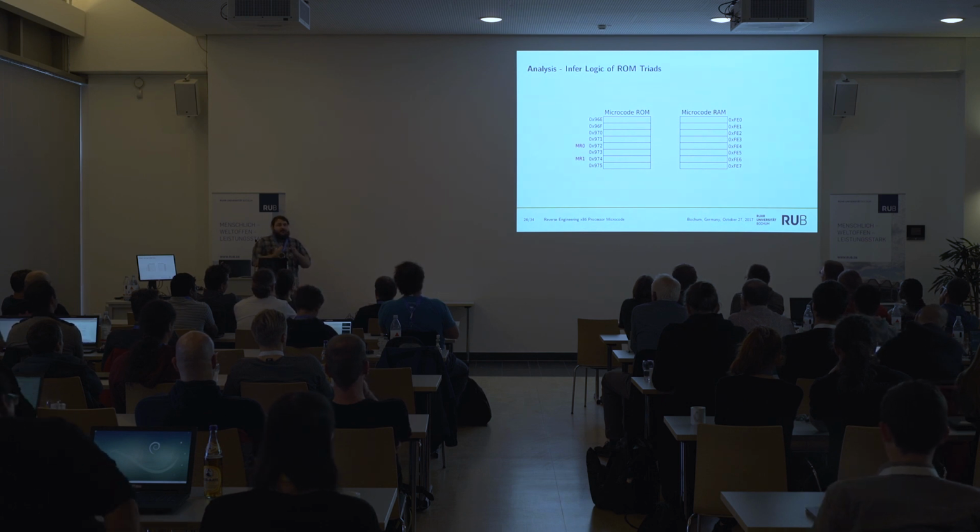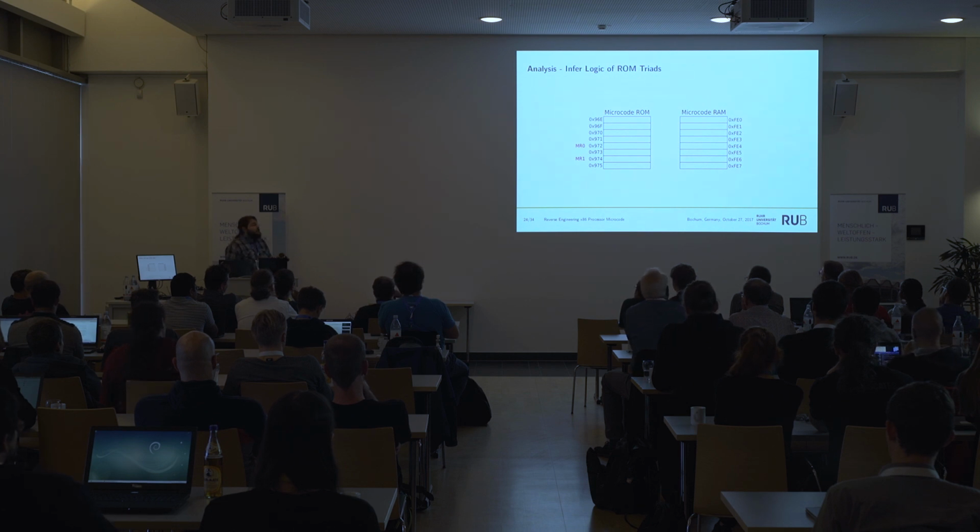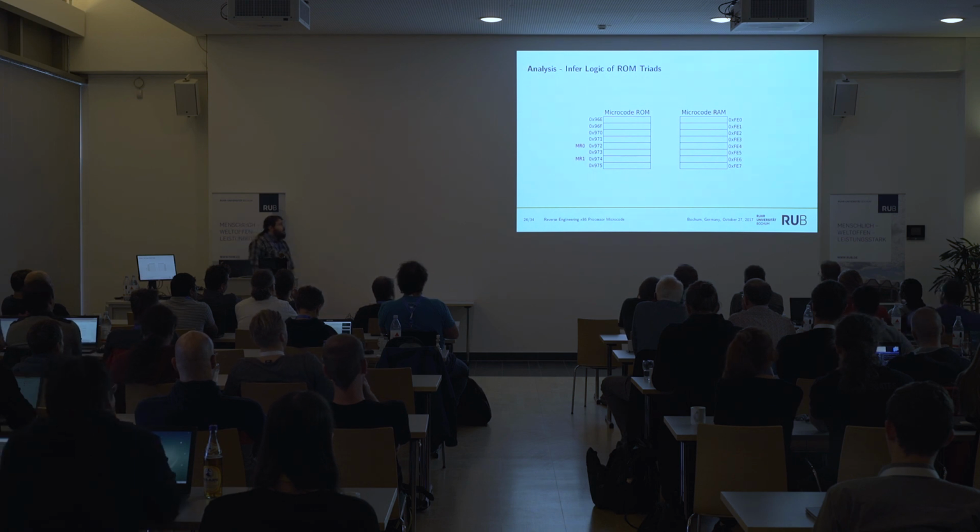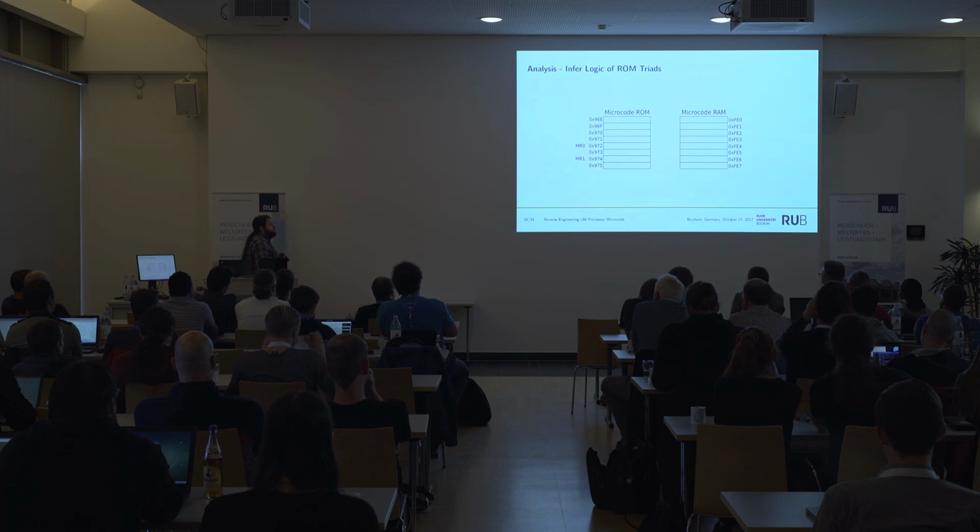But this little microcode RAM is nothing compared to the microcode ROM that is inside the CPU already. So we wanted to know what is actually happening in there. So we came up with a scheme to reverse engineer what is happening inside the CPU. For example, you want to know what happens at this location in the ROM. So you break at this location, so you get control into the RAM.